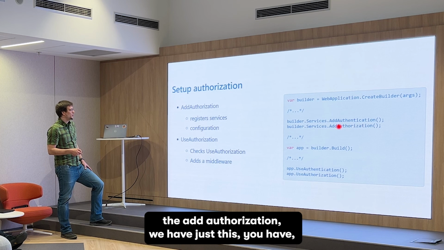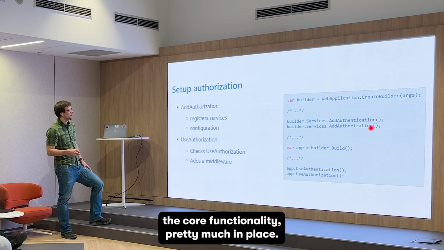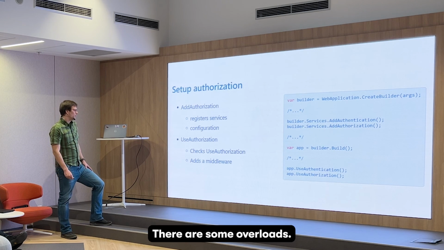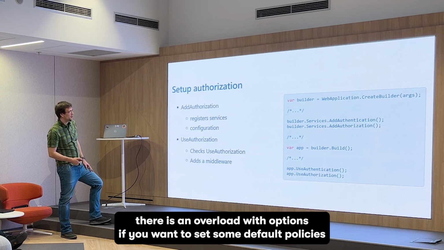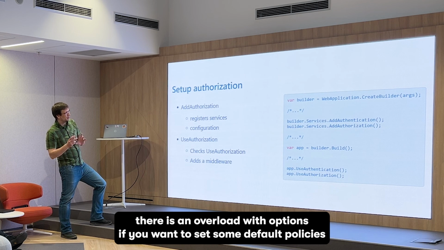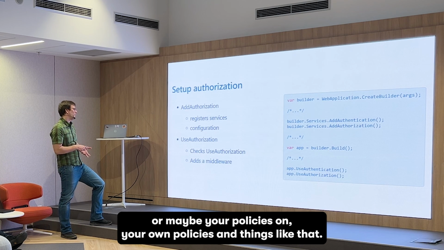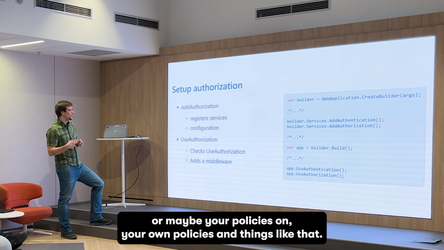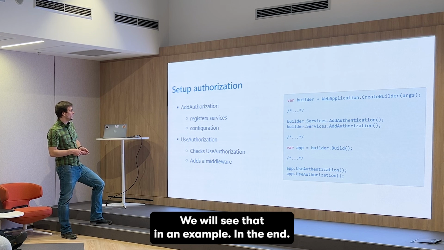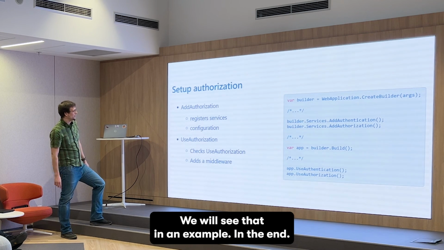With just this, you have the core functionality pretty much in place. There are some overloads, of course. There is an overload with options, if you want to set some default policies, or maybe your own policies and things like that. We will see that in an example in the end.